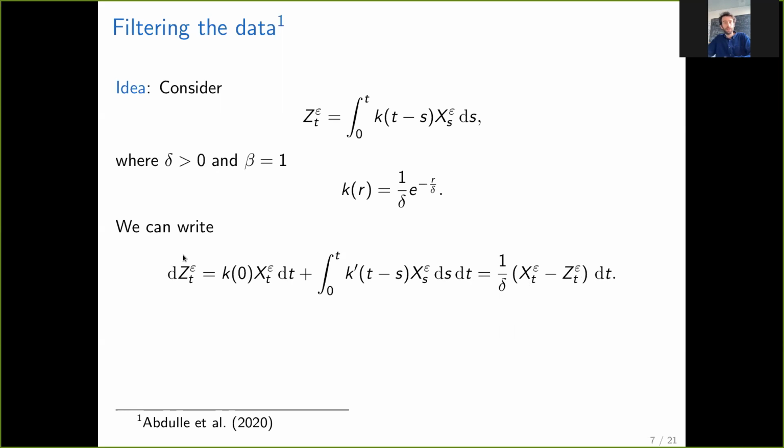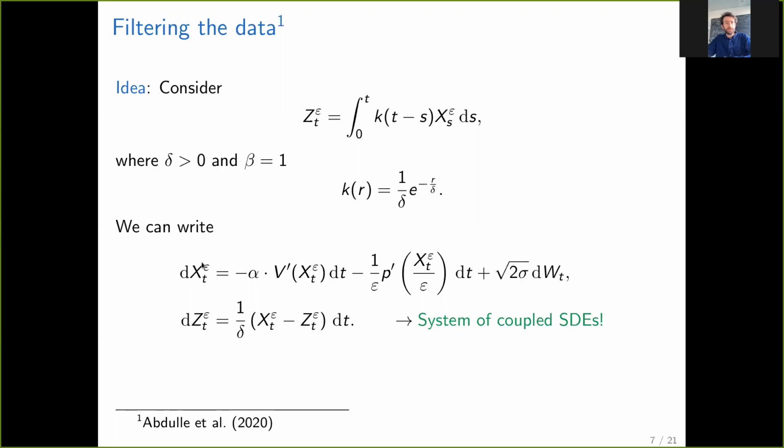So the Z process is actually the solution to an ODE, which is driven by the data. If you take X_t epsilon and Z_t epsilon together, they solve a system of 2 SDEs where the noise in the second component is degenerate. You have a Brownian noise in the first component, and you don't have noise in the second one.